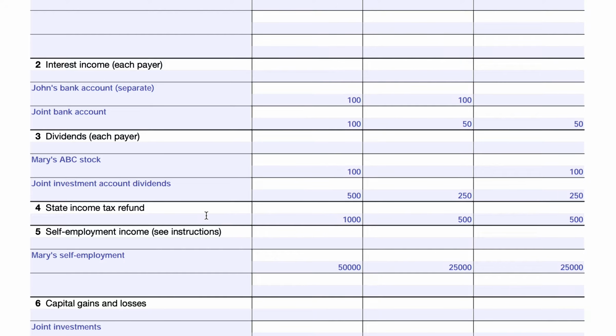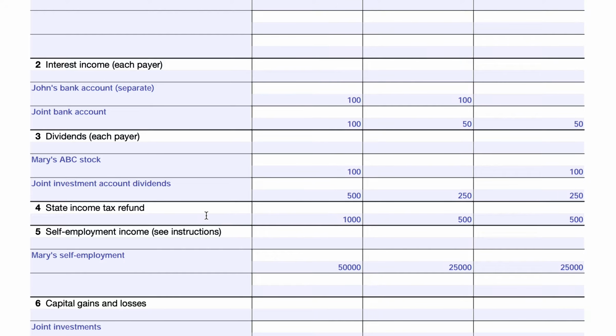I would make this a note that generally speaking, if you report state taxes paid in 1 year, so let's imagine in 2022 they filed separate returns, but they got a state income tax refund. If they had claimed an itemized deduction on Schedule A, then they received a tax refund the following year. They do have to report that tax refund as additional income on Schedule 1.